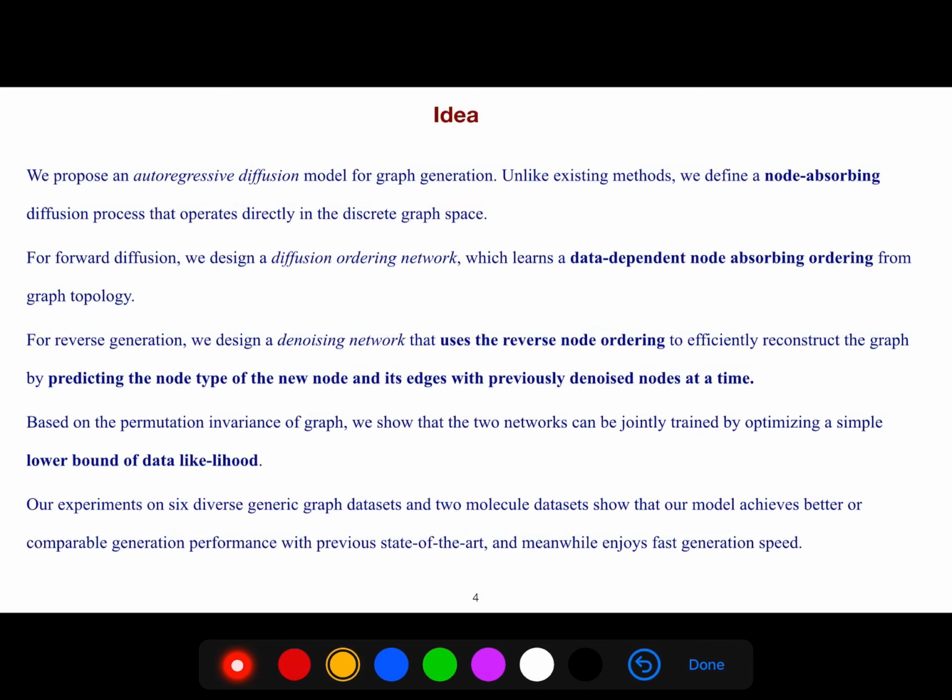For reverse generation, we design a denoising network that uses the reverse node ordering to efficiently reconstruct the graph by predicting the node type of the new node and its edges with previously denoised nodes at the time. Based on the permutation invariance of graph, we show that the two networks can be jointly trained by optimizing a simple lower bound of data likelihood.